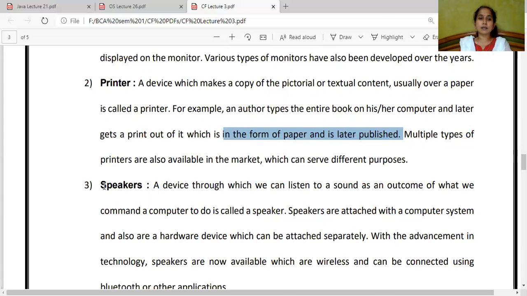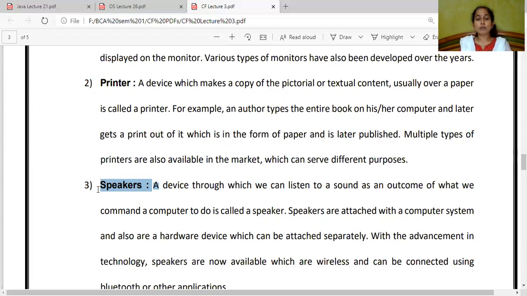Next is speakers. Speakers are also a very common type of output device. These days, with online lectures and watching movies in the lockdown period of this pandemic, we are making heavy use of speakers. Since multiplexes are closed, we cannot go to cinemas, so most of us are watching movies back at home.